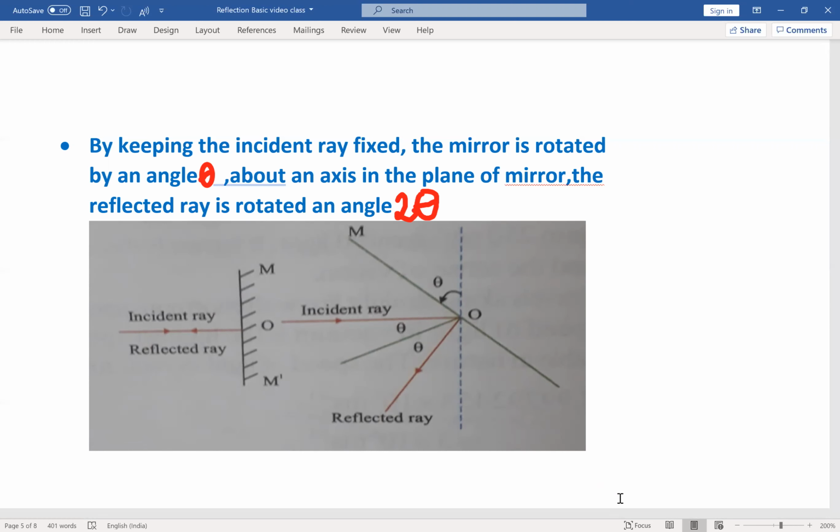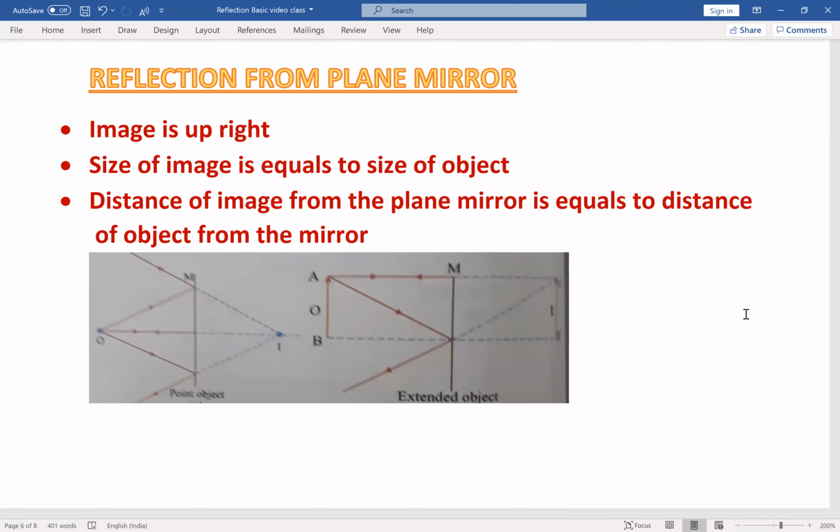Similarly, the normal and the reflected ray must make the same angle theta. That's why the reflected ray will rotate through an angle 2 theta, as shown in the diagram.